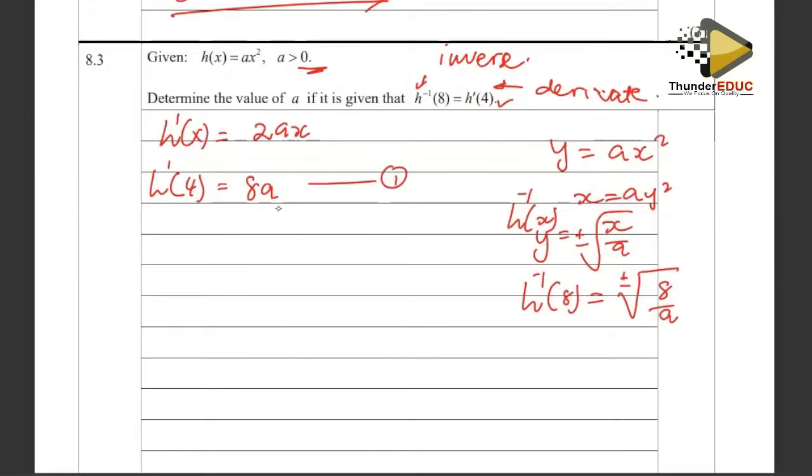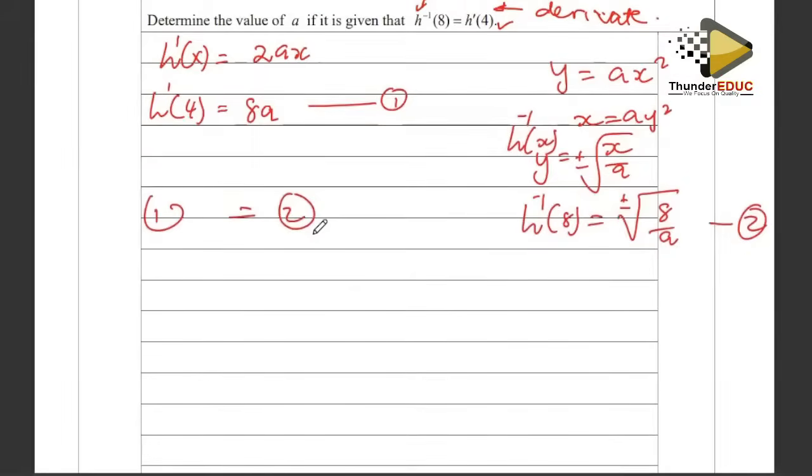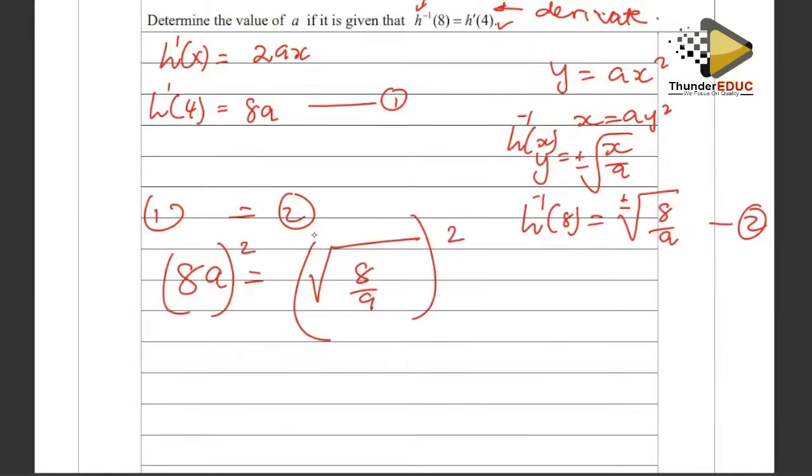So meaning, if this is my equation number 2, so equation 1 equated to equation 2, we're going to have 8a is equal to the square root of 8 over a. Get rid of the square root, you square both sides. We square both sides, so this 2 kills the root. We're going to have 64a squared is equal to 8 over a.